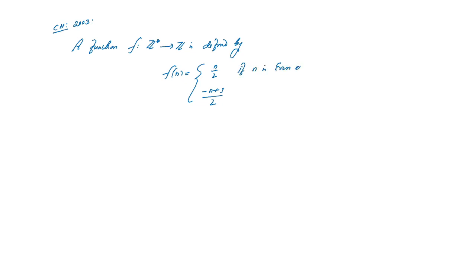A function f from Z star to Z is defined by f of n equals n by 2 if n is an even integer, and minus (n plus 1) by 2 otherwise, where n is odd.